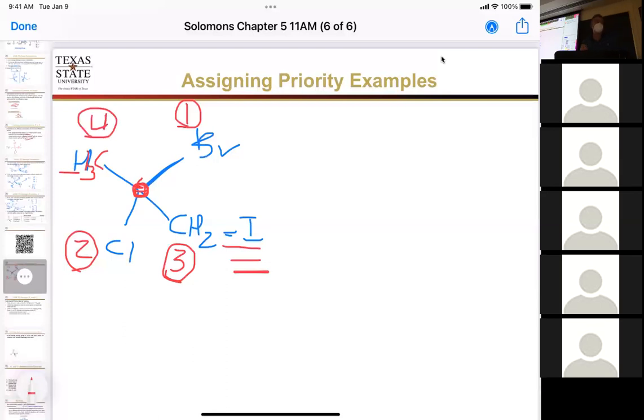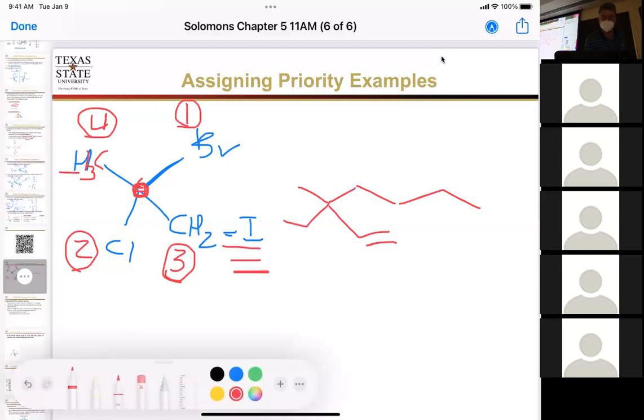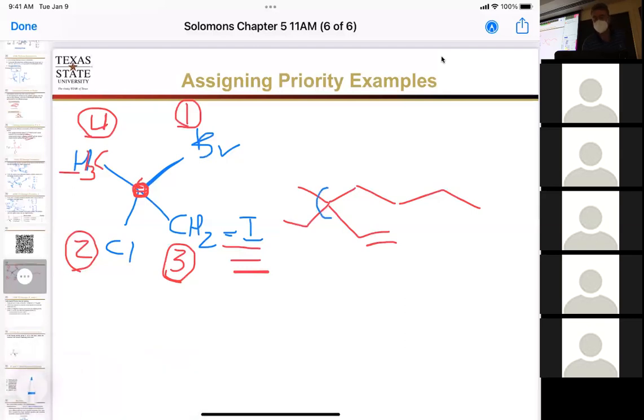All right. So let's try another one. Let's do that one. So the first thing we do is identify our chiral center. And this one, it's this one right here. Okay. So let's do our thing. Okay, so this right here is going to be a CHHH.